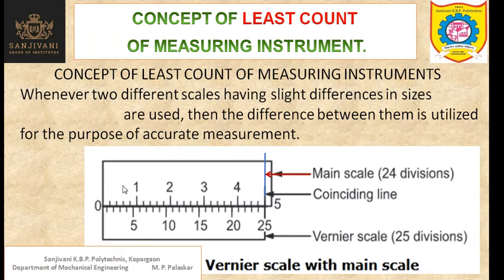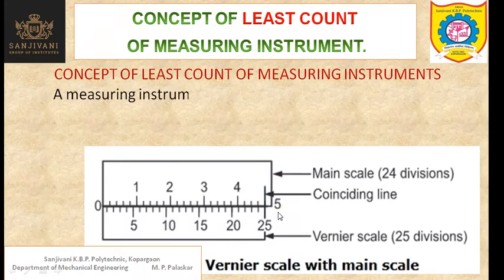From 0 here the number of divisions is 24, and the distance between each division is 1 mm. So this distance will be 24 mm, and the 24 divisions on the main scale are coinciding with the 25 divisions on the vernier scale. This is the vernier scale, you can see the number of divisions is 25.